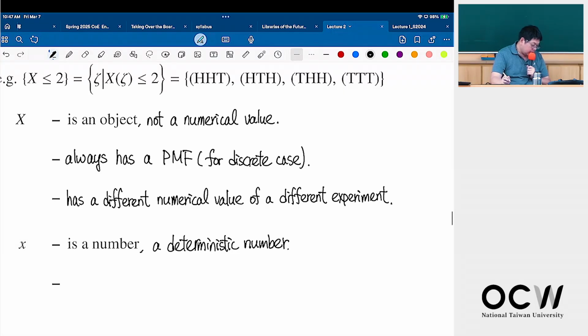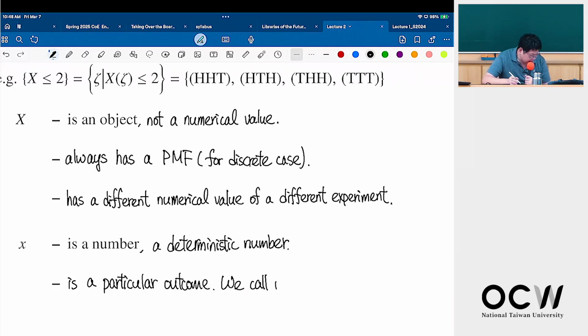And this lowercase x is a particular outcome. We also call it a random realization.